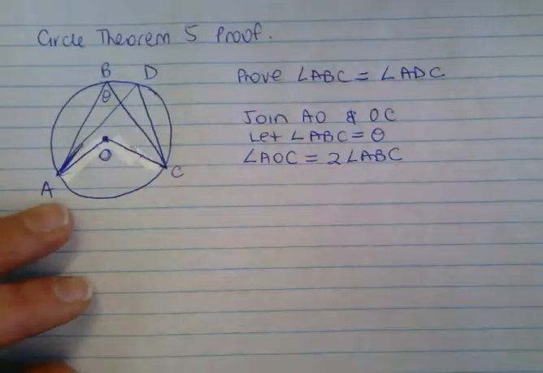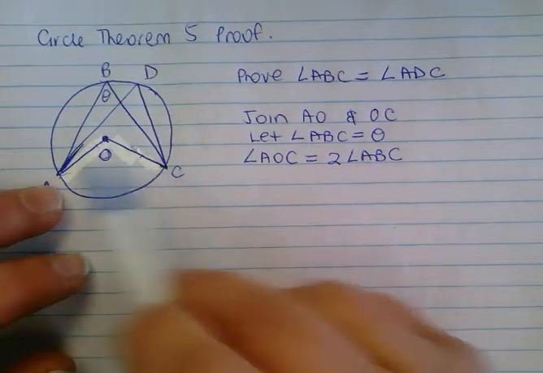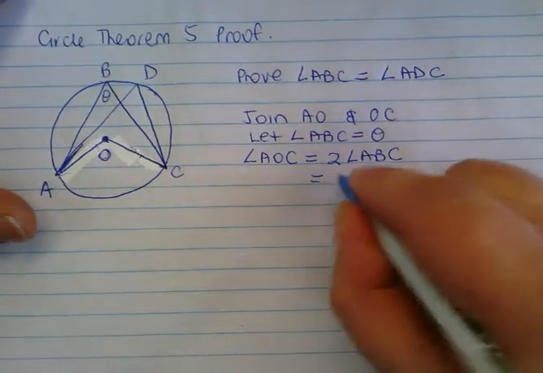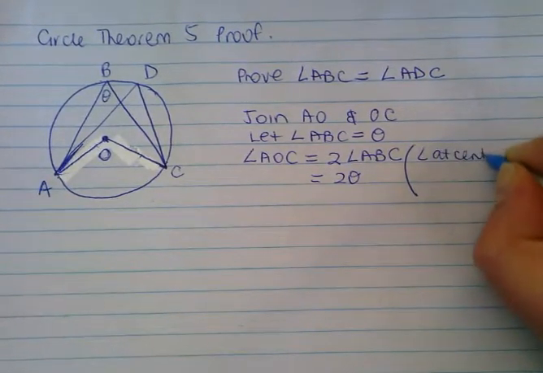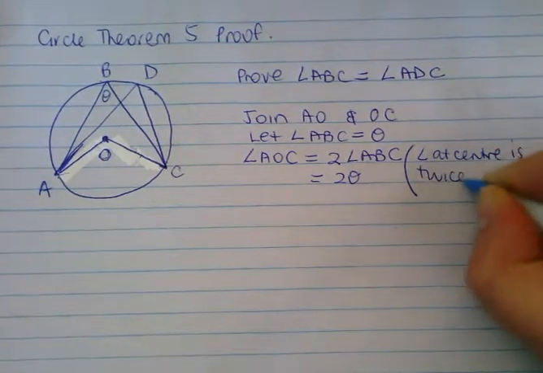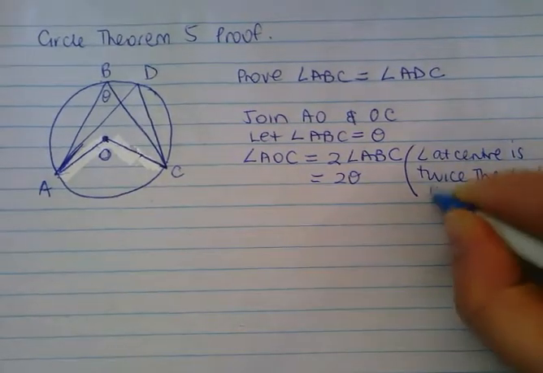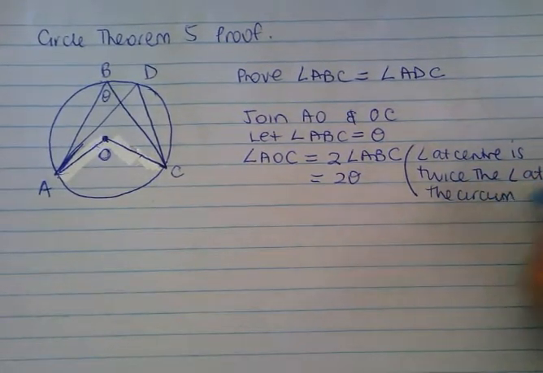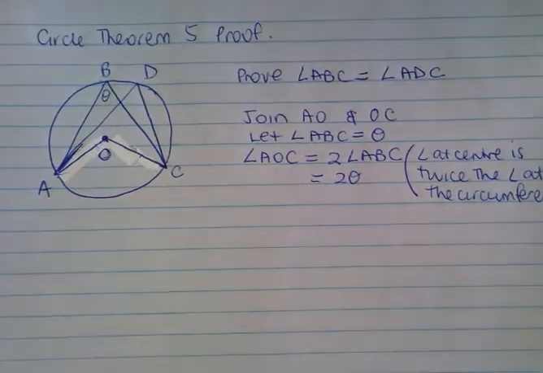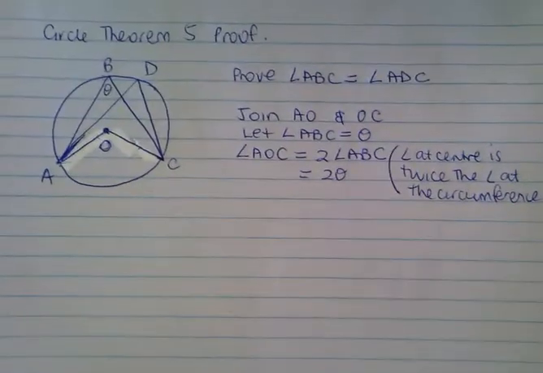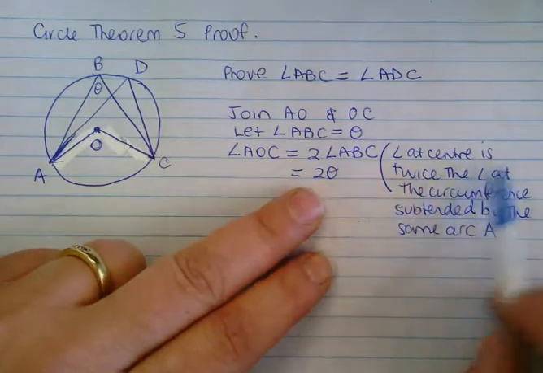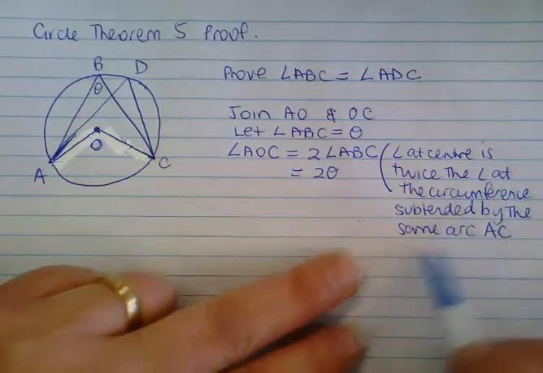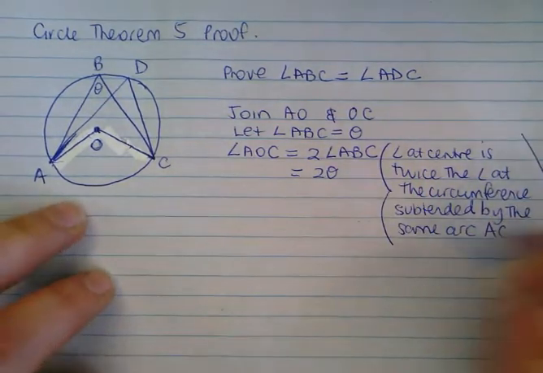So angle AOC equals 2 times angle ABC, which equals 2 theta. Reason: the angle at the center is twice the angle at the circumference, subtended by the same arc, and I've got arc AC.